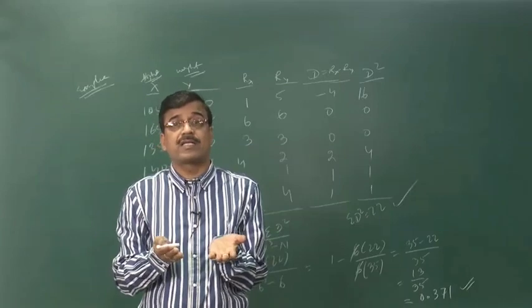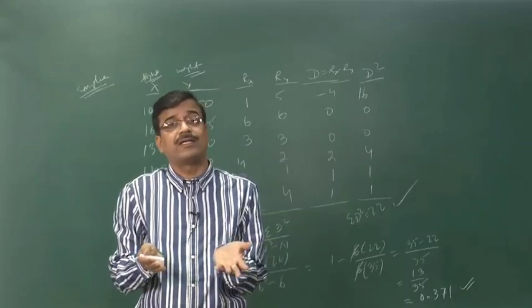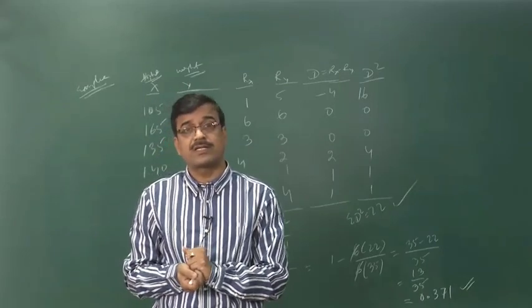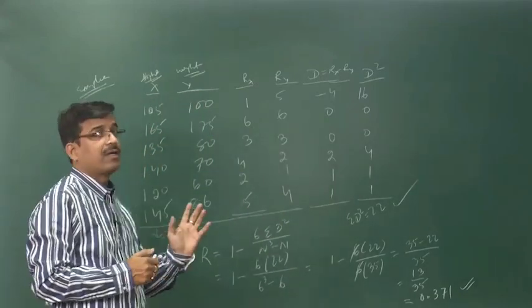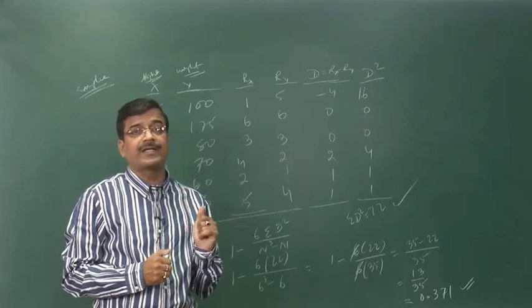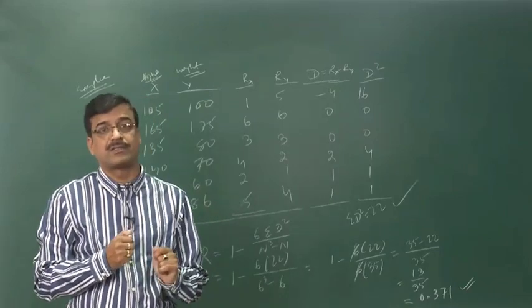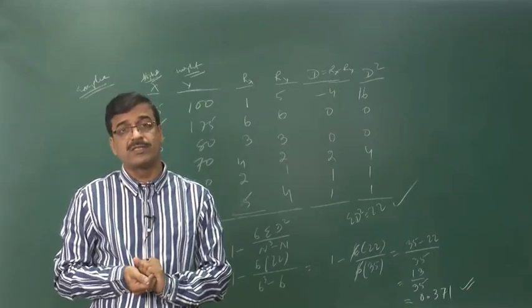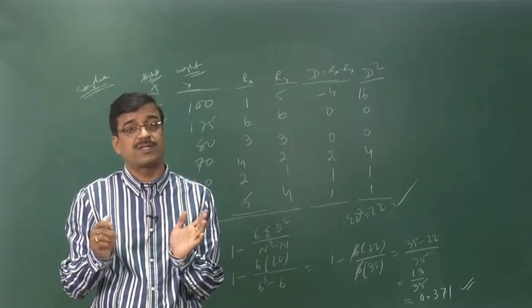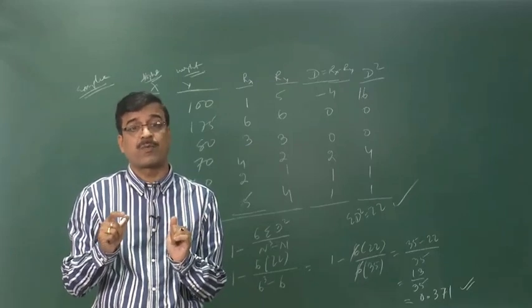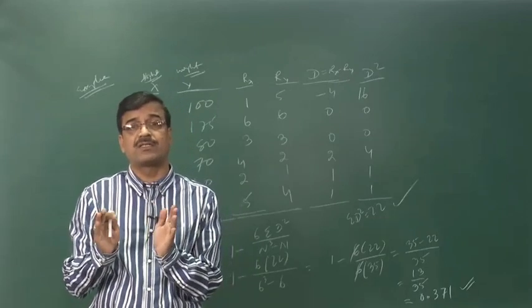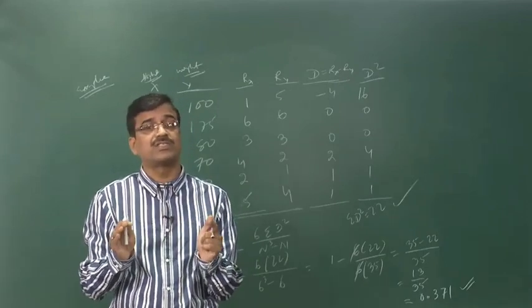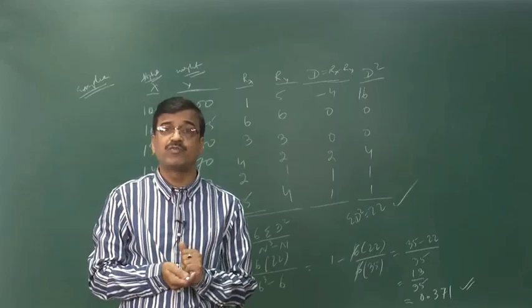If height increases, weight also increases. But how much? If height increases by 1, weight increases by 0.37. That is the conclusion. Both move in the same direction because it is given with a plus sign, plus 0.371. Therefore we can say there exists a positive correlation between the two variables.